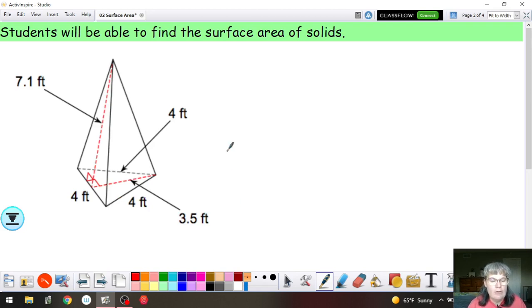So here's another pyramid. This time the shape of the base is a triangle, and the height of that triangle that's our base is 3.5 feet, and the base is 4. So let's start with the base area for this pyramid.